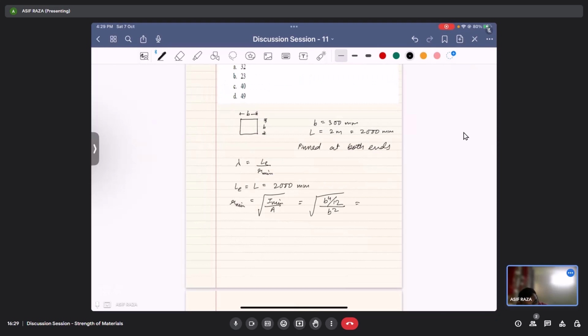This can be written further as B square by 12, and thus R minimum equal to B upon root 12, that is 300 by root 12.